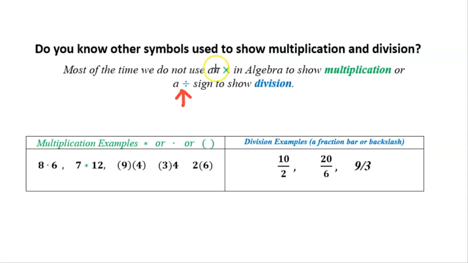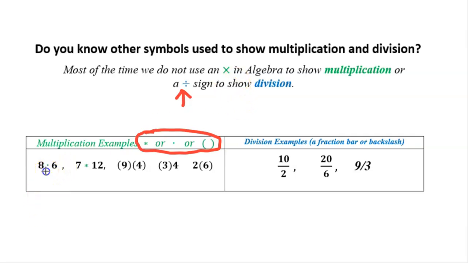In algebra, we start to change the notation for multiplication and division. And here are some things you may see when you're in that algebra world. When I say algebra world, it's when we have variables, which are letters that represent unknown numbers in our math problems. So we start to see the alphabet show up as possible numbers for our problems.